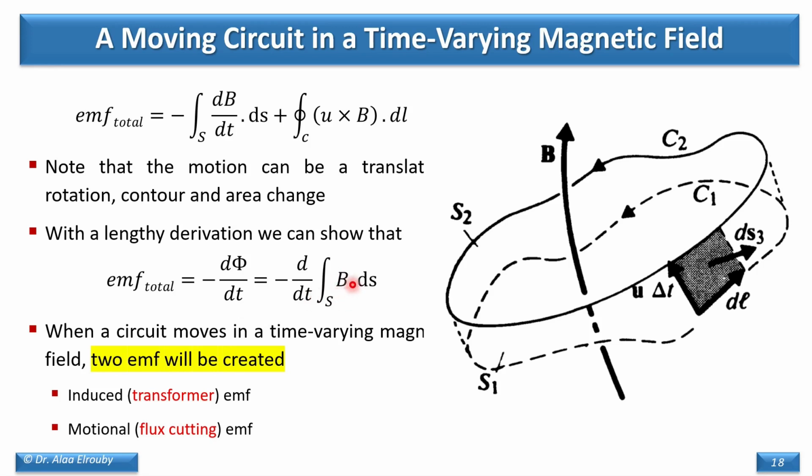Inside the integration, the magnetic field can be varying with time, S can be varying with time, and the dot product integrated along the surface of the contour is the flux. The time variation of this total quantity is equal to the EMF.